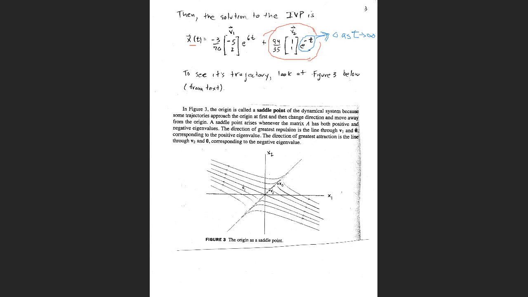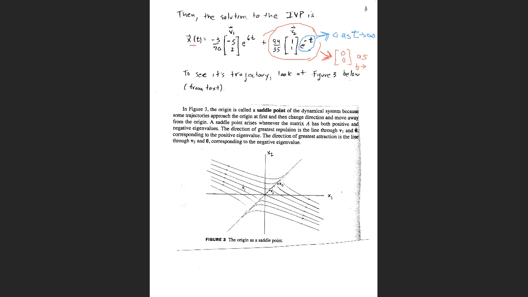So this entire second half of x of t will approach the 0 vector as t goes to infinity, okay?